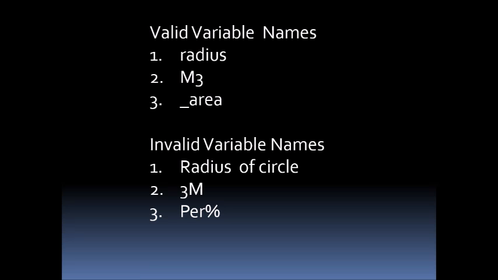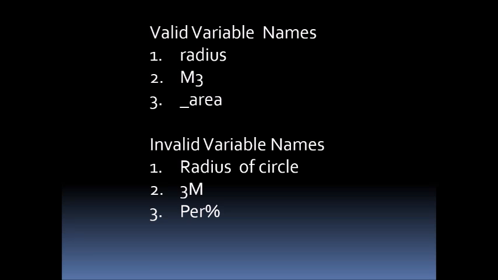Keywords are words that are understood by the compiler. For example, main, as you saw, is a keyword. Int, as you saw, is a keyword. Here, the first address name is radius. It's absolutely fine because it starts with an alphabet, and address names can be up to 30 characters long.